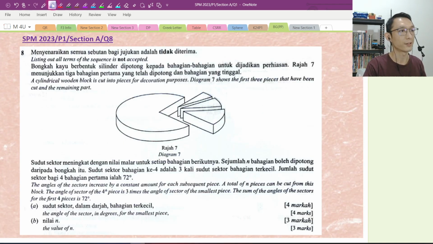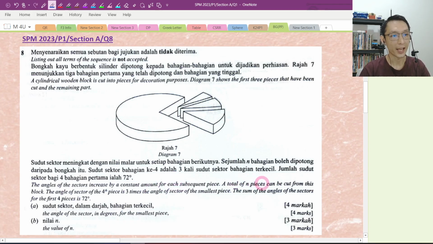Now let's look at the second question. A cylindrical woolen block is cut into pieces for decoration purposes. Diagram 7 shows the first 3 pieces that have been cut and the remaining part. The angle of the sector increases by a constant amount for each subsequent piece. So we know that this is an AP, arithmetic progression.